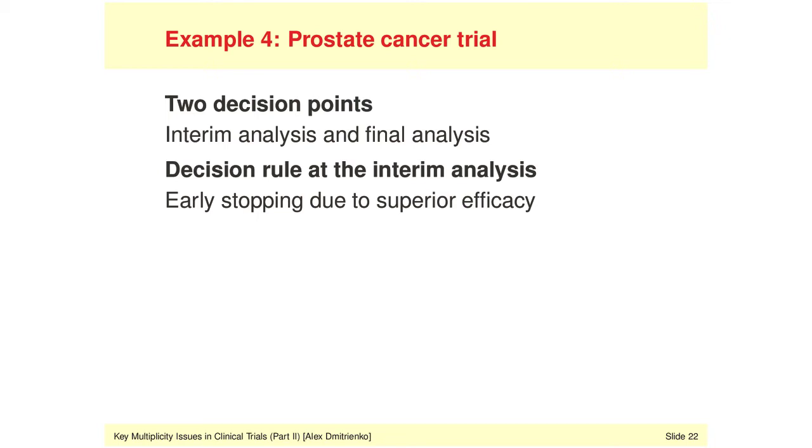Multiplicity is of course induced by the fact that the treatment effect will be assessed repeatedly, first at the interim analysis and then also at the final analysis. We're going to assume that the decision rule to be applied at the interim analysis will only support an option to stop the trial early due to superior efficacy.